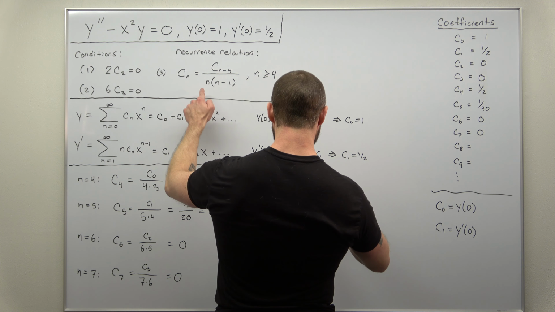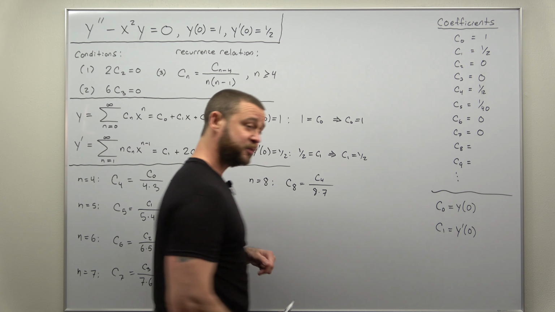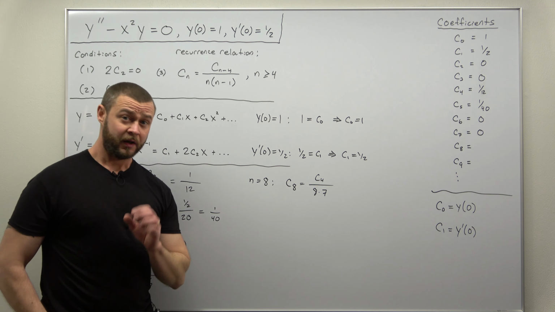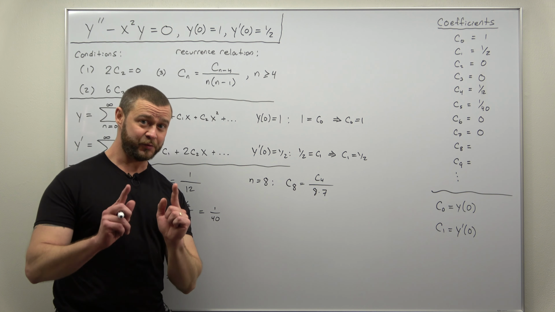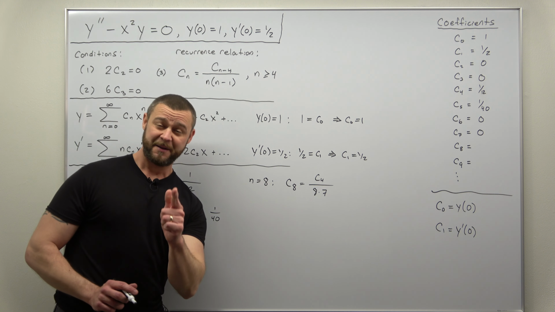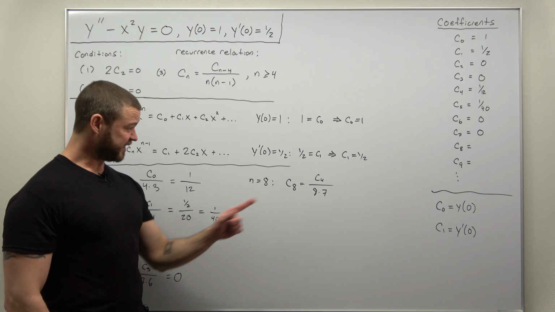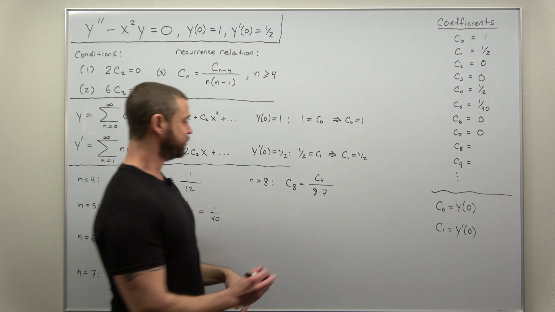And now divided by 8 times 7. Again, I'm going to take my time here because I do not want to screw up the basic math in differential equations, but I inevitably always do anyway in class. But let's take our time. What's c4? We have that as 1 over 12.